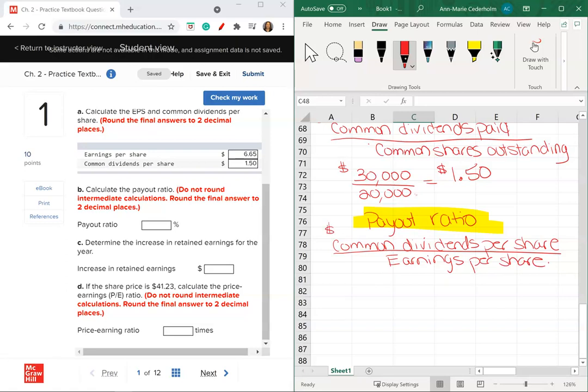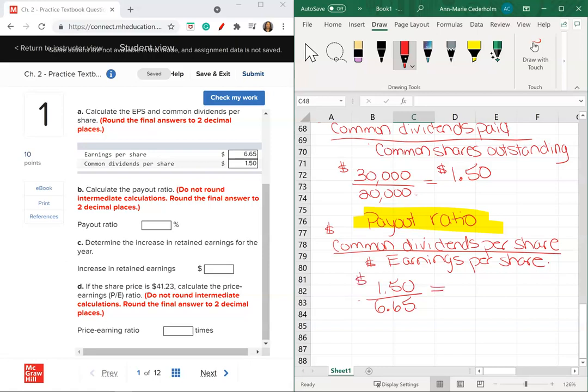Both of these are dollar amounts. The common dividends per share was $1.50, and the earnings per share was $6.65, which is what we calculated first.